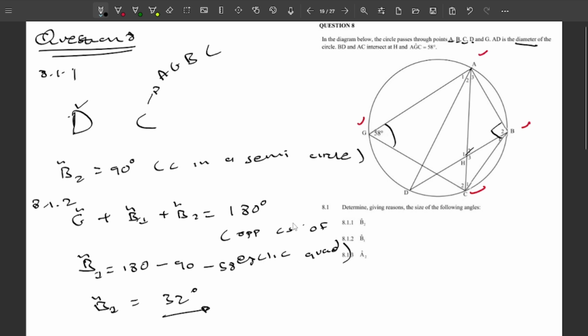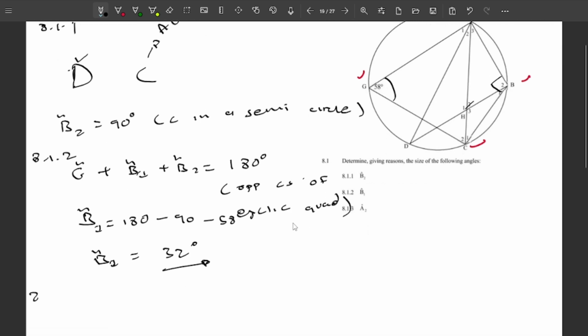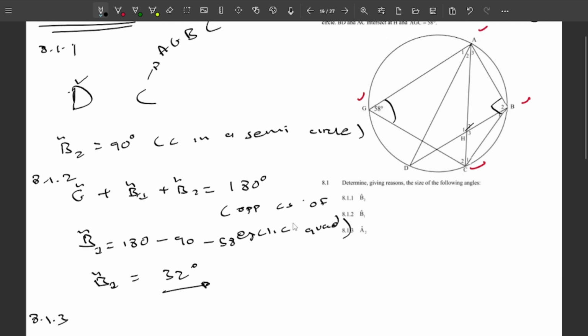Then from there we go to the last one, which is 8.1.3, and which states find angle A2. So angle A2, we know that we have angle B1, which is here. We can say angle A2 is equal to angle B1. Why?